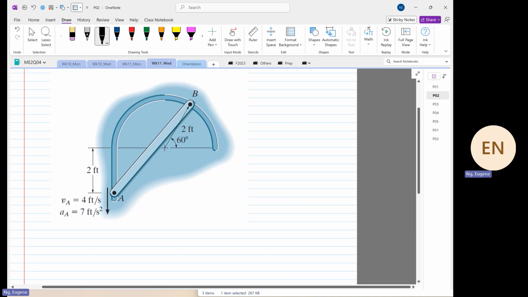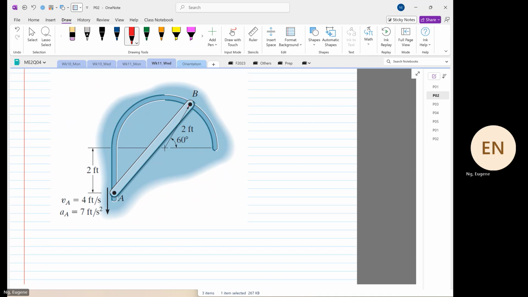Okay, is that the AB in the normal direction is towards the center of curvature.